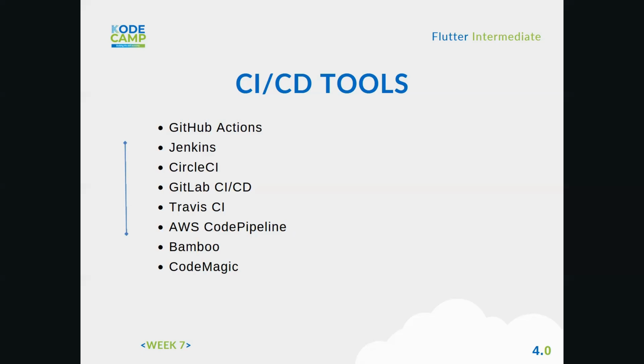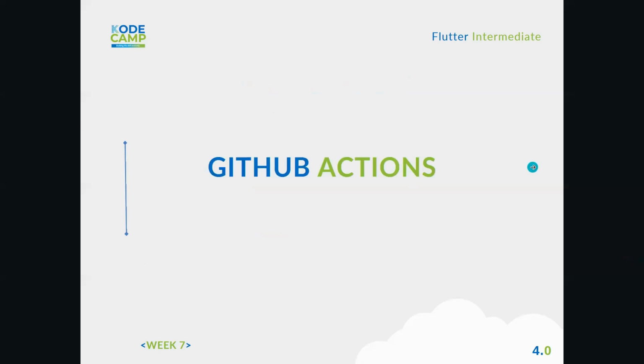Especially the ones that are most common, likes of GitHub Actions, Jenkins, CircleCI, even AWS CodePipeline and the likes, GitLab also. But we're going to be making use of GitHub Actions in this class.